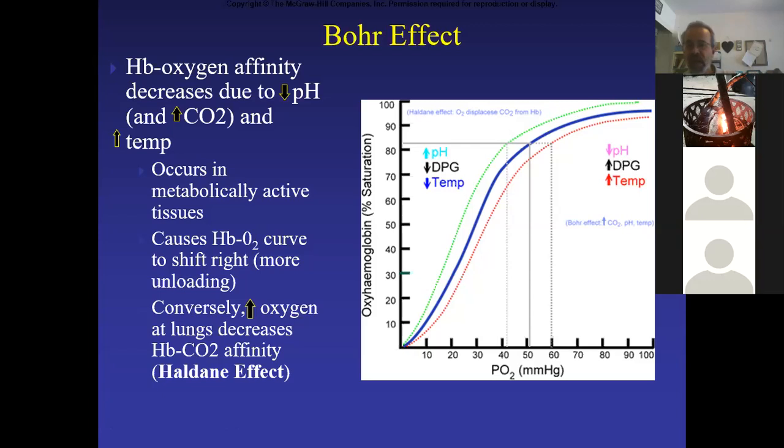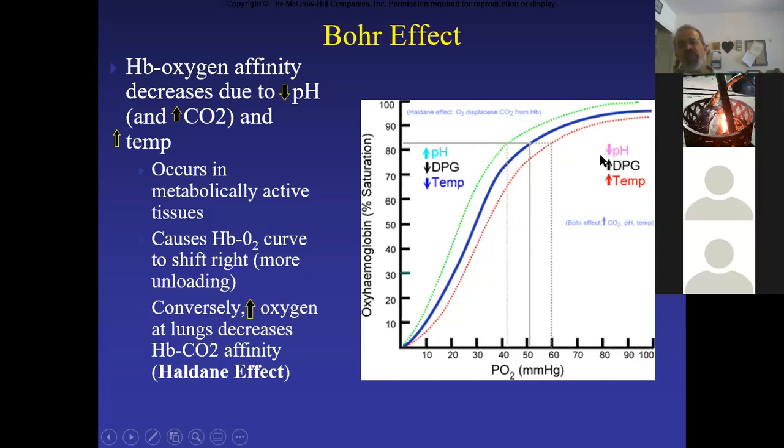Conversely, at the lungs, remember hemoglobin oxygen affinity is much higher, right? Why is it higher? Because first of all, there's more oxygen, less CO2. It's really the opposite: high pH, low temperature, low CO2.